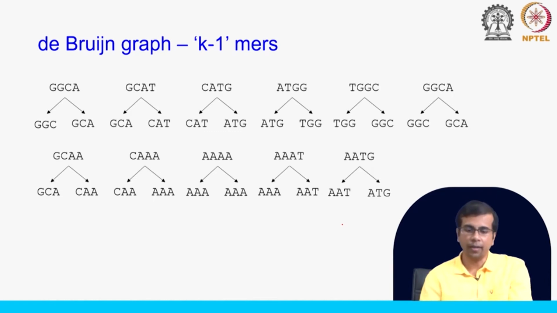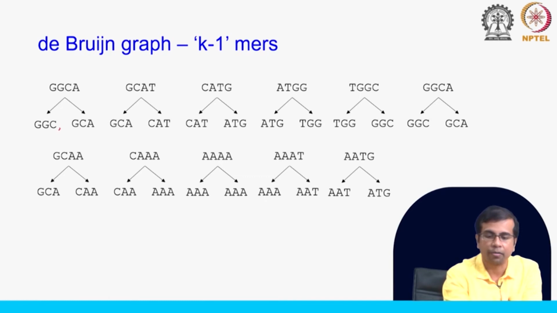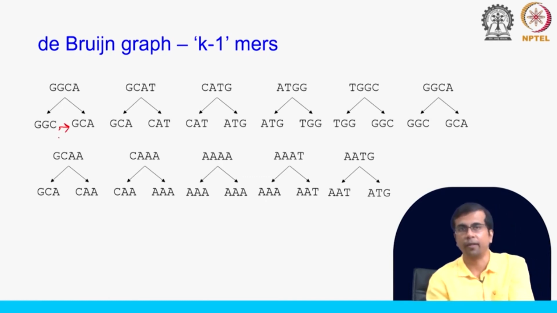As you can see, these k minus 1 mers are now of length 3. And on top of that, you see the overlap is 2 bases, so k minus 2 is 2. Your overlap between these k minus 1 mers is k minus 2, or 2. You can see this across all these k minus 1 mers.